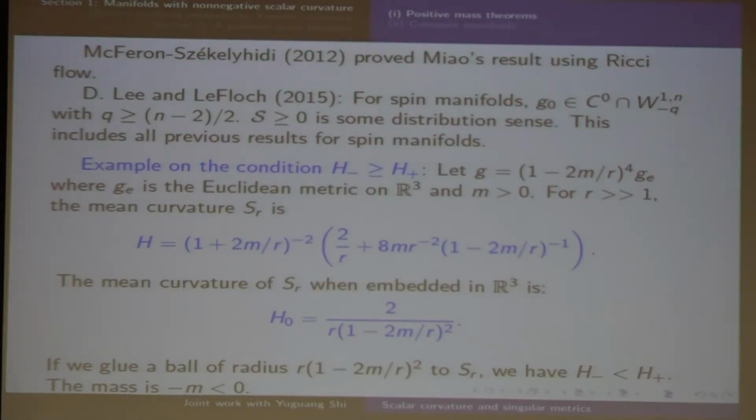Therefore, if you forget this part, we cannot define the metric in this part. This is our original metric, and then we combine this metric together with a ball in Euclidean space, with the appropriate radius.